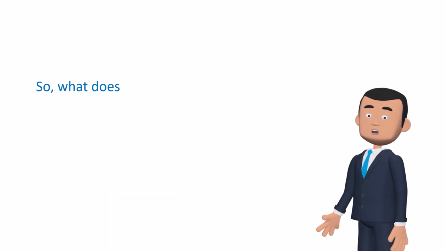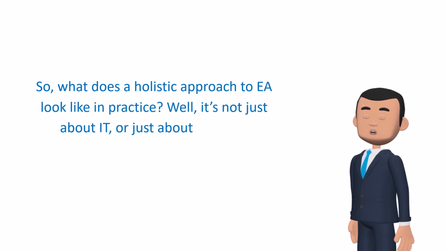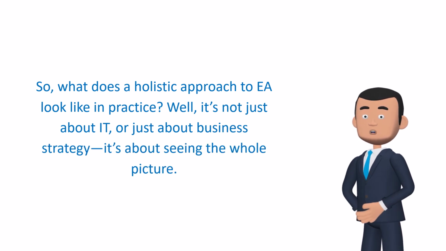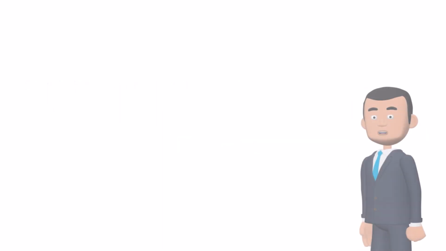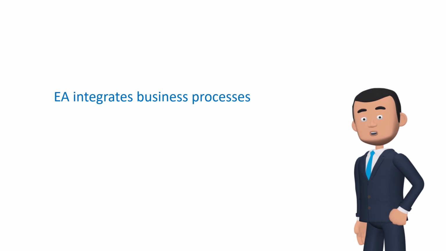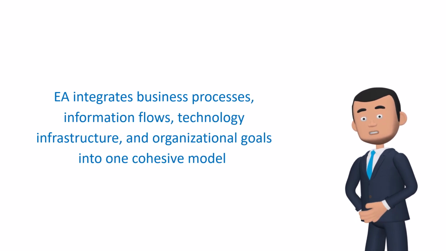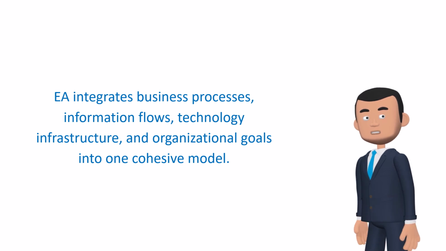So what does a holistic approach to EA look like in practice? Well, it's not just about IT or just about business strategy. It's about seeing the whole picture. EA integrates business processes, information flows, technology infrastructure, and organizational goals into one cohesive model.